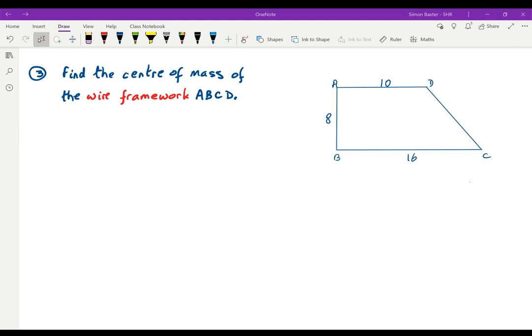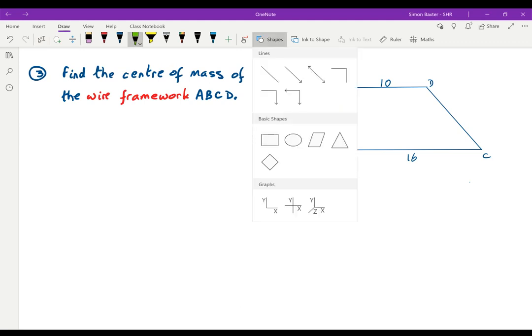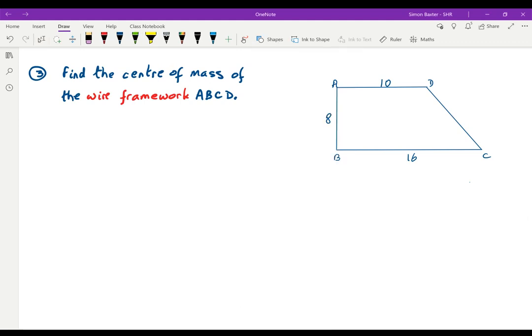Well, we shall need the length of DC. So let's have a little look at trying to get that. If we take a line straight down from D to the bottom, then the length of the line from D to the bottom is 8. The line from, let's call it E, to C will be 6, 16 minus 10.